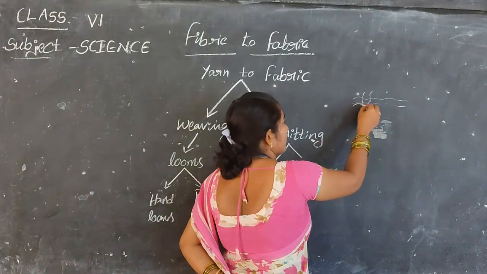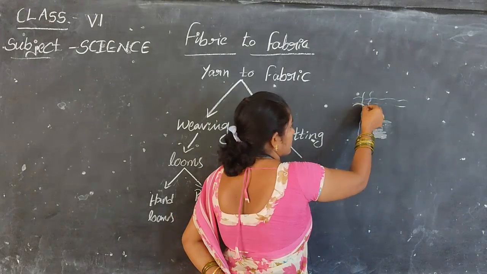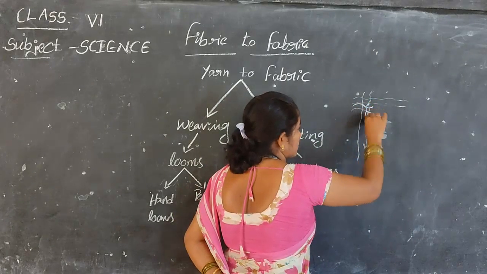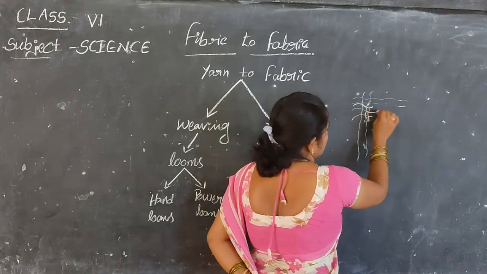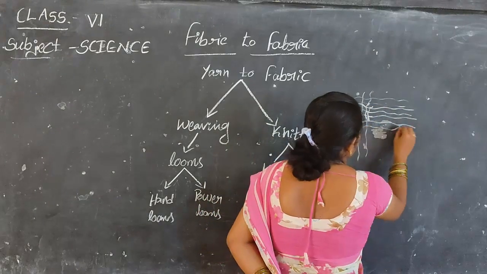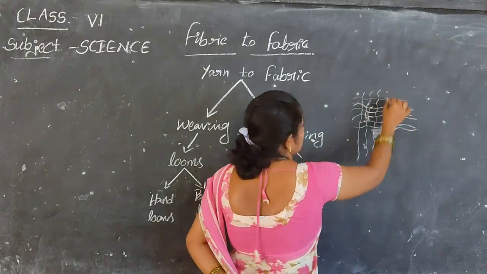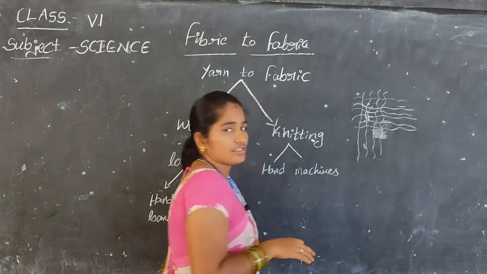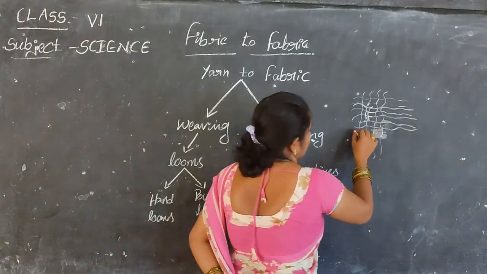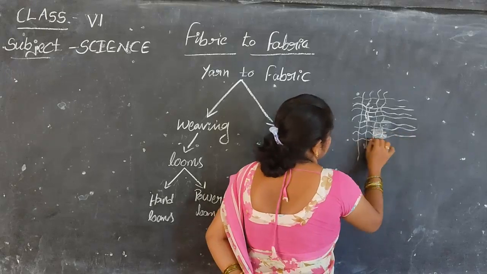One is up and another is down, and like this they are woven. The horizontal lines and vertical lines are woven like this.